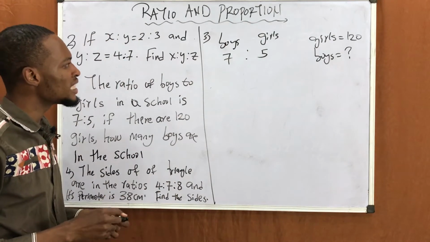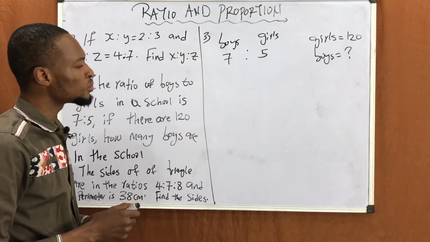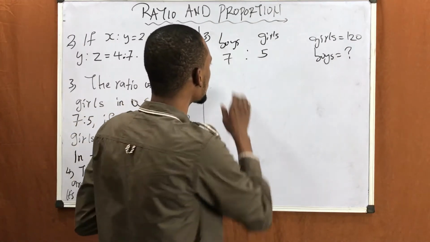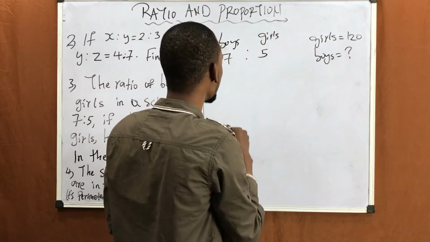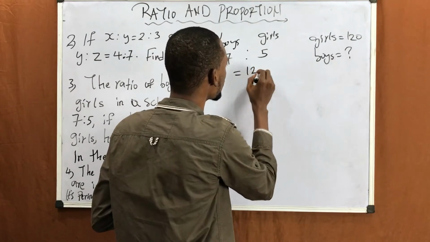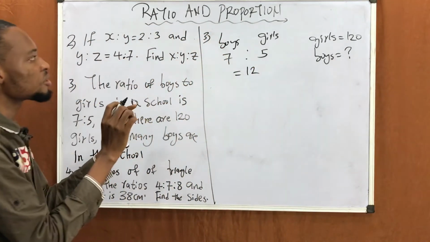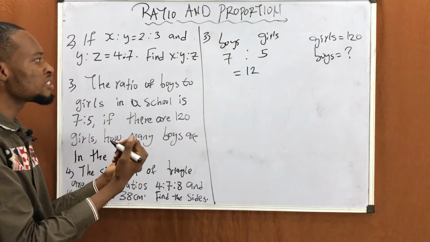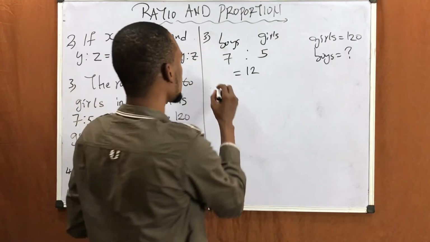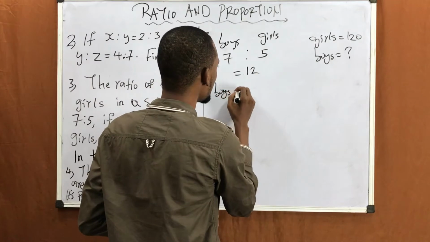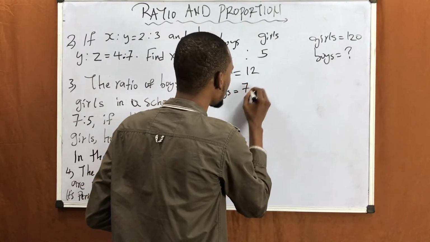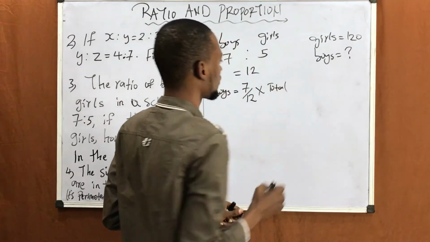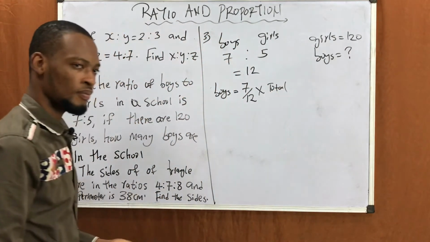The first thing we should do here is to check the total ratio. What is the total ratio? It's simply found by adding them. So 7 plus 5 is 12. So this is the total ratio. And remember, when we are solving ratio, boys equals 7 over 12 times the total number of students.